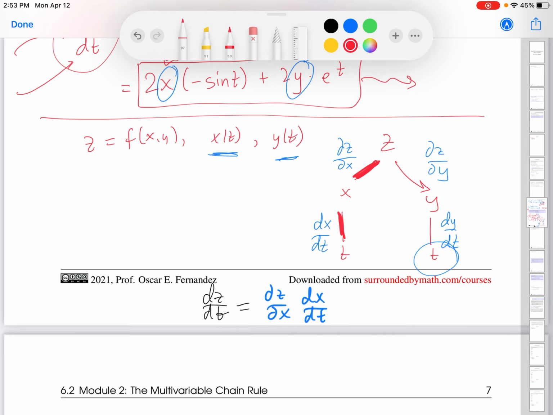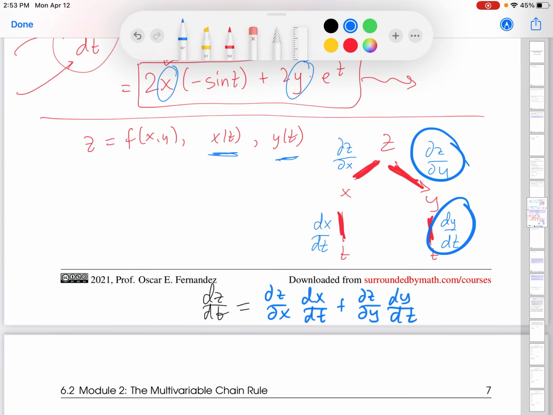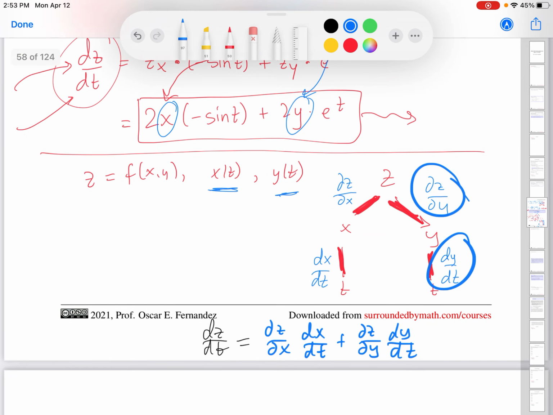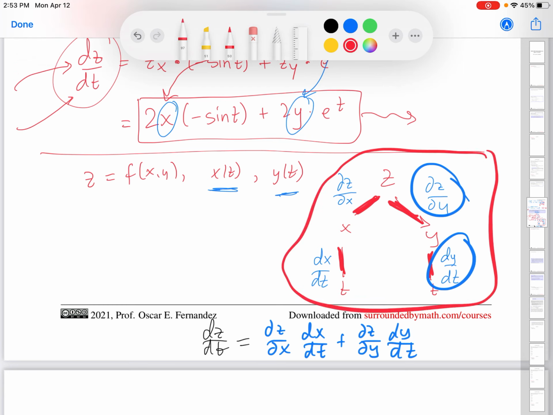So then I have to go back and traverse this path, this one, and then this one. And that is going to give me a product of this and this. So I get plus dz dy dy dt. And then that is exactly the expression that we got from this theorem. So this is a way to kind of remember all the terms involved in a chain rule and how you put them together.